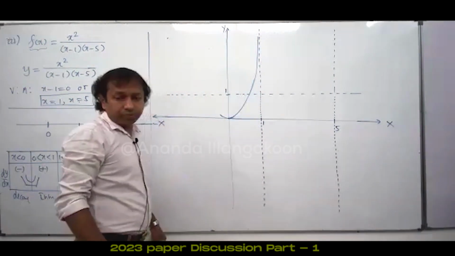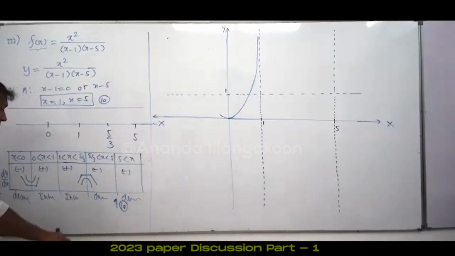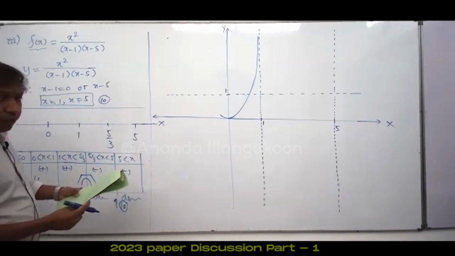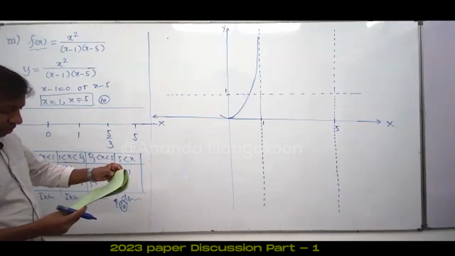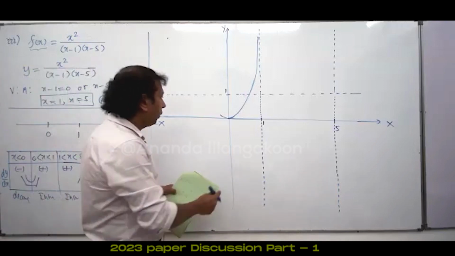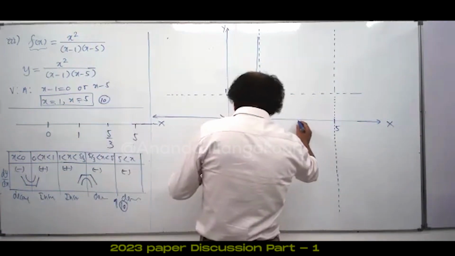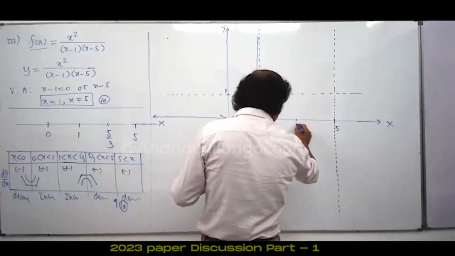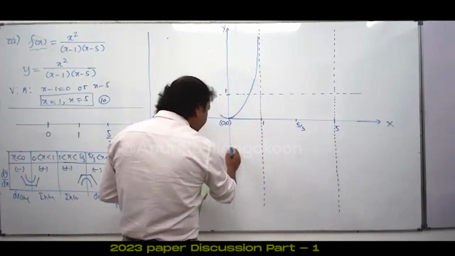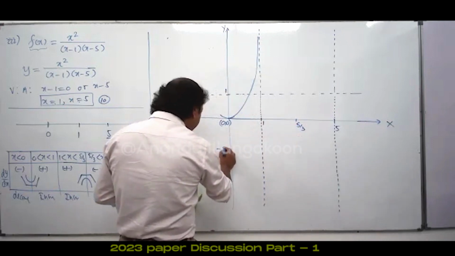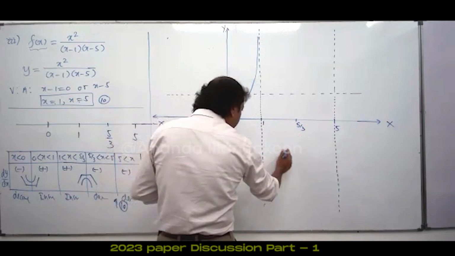Right, no? We have at x equals 5 by 3, we notice y is minus 5 by 4. Then this is 0, 0. x equals 5 by 3. Somewhere here, 1 point something. No, 5 by 3 means 5 by 3. y is minus 5 by 4. Then this is that point.